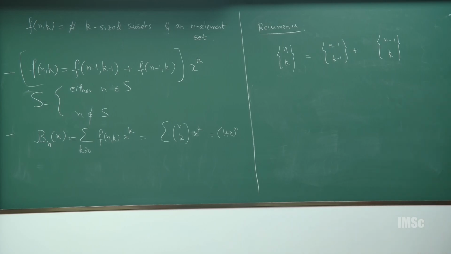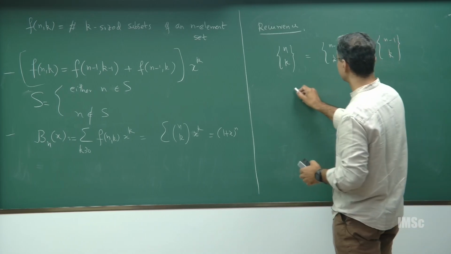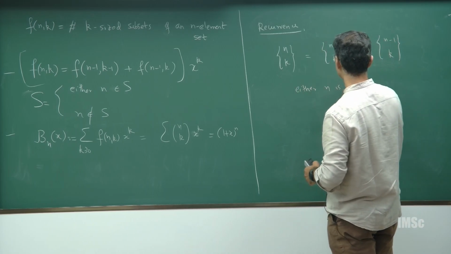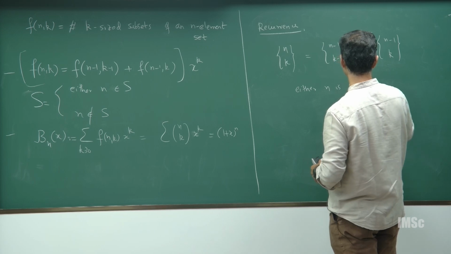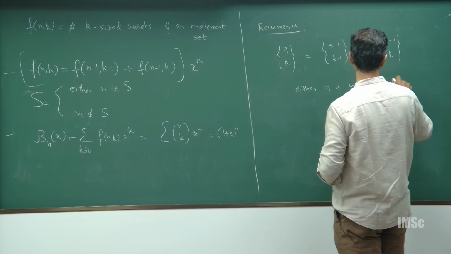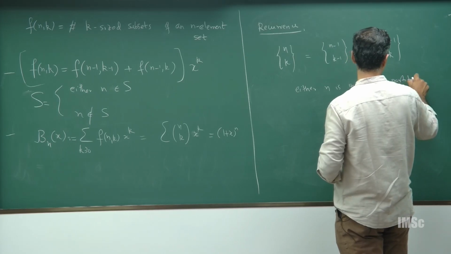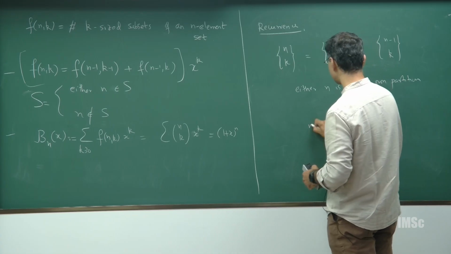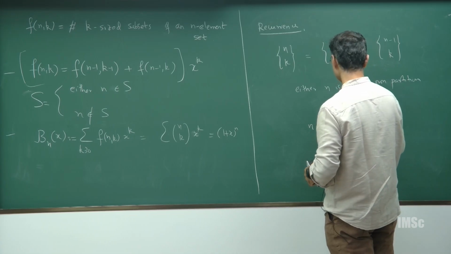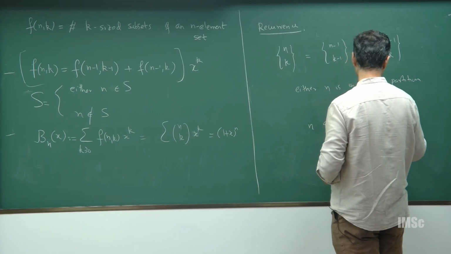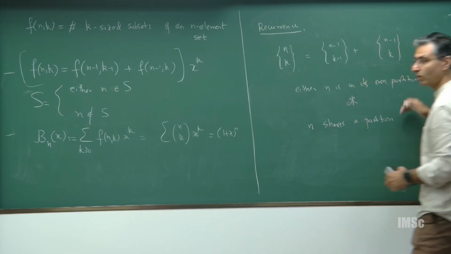So either the last number N is in its own partition, so it's the only number in its partition, or N shares a partition. And these are the only two cases, right?